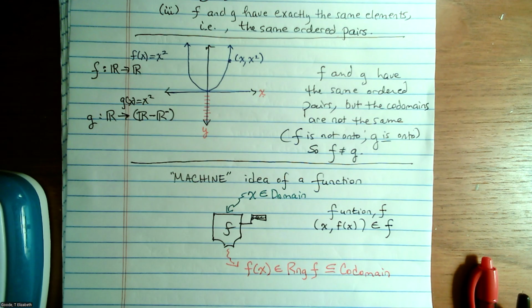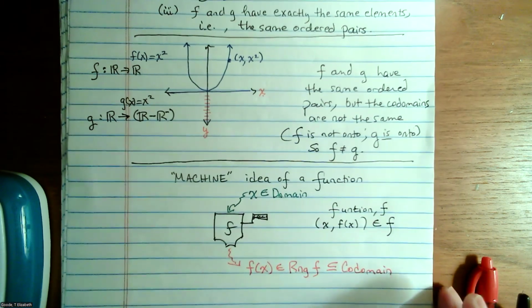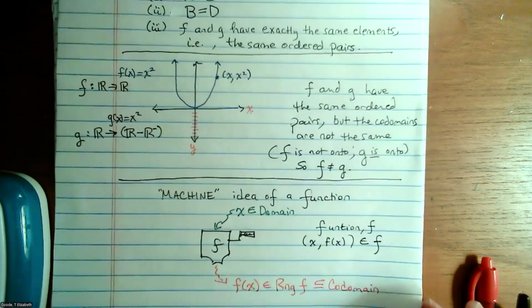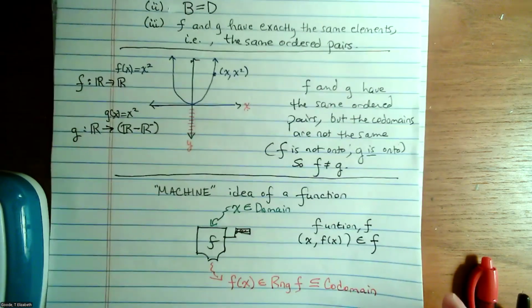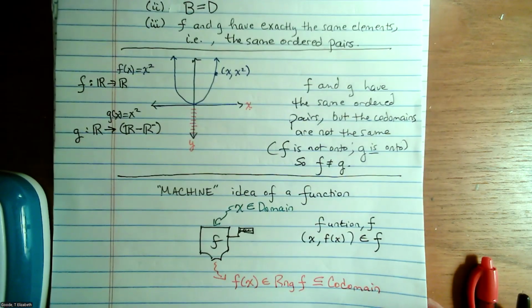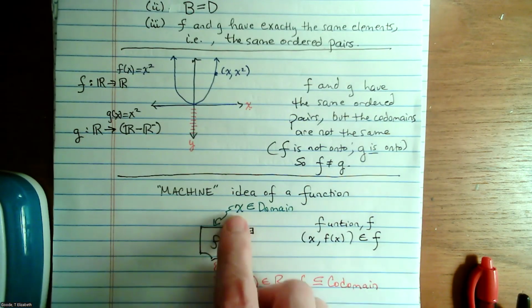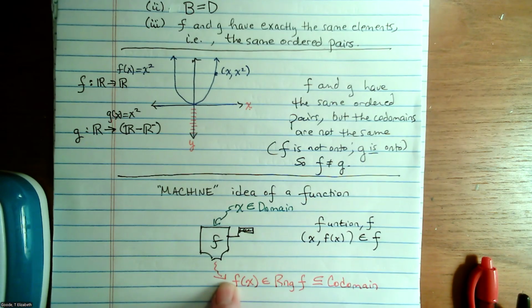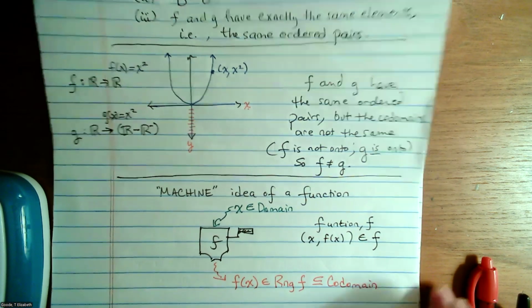So there are ways to fix it if you need to put in several pieces of data and get out, say, some kind of a set. In that case, the codomain is a set full of sets. And the domain could be a set of sets or a set of ordered pairs as well. So there are ways to fix it if the job that we need the function to do is more complicated than just taking a single data input and spitting out a single data output, okay?